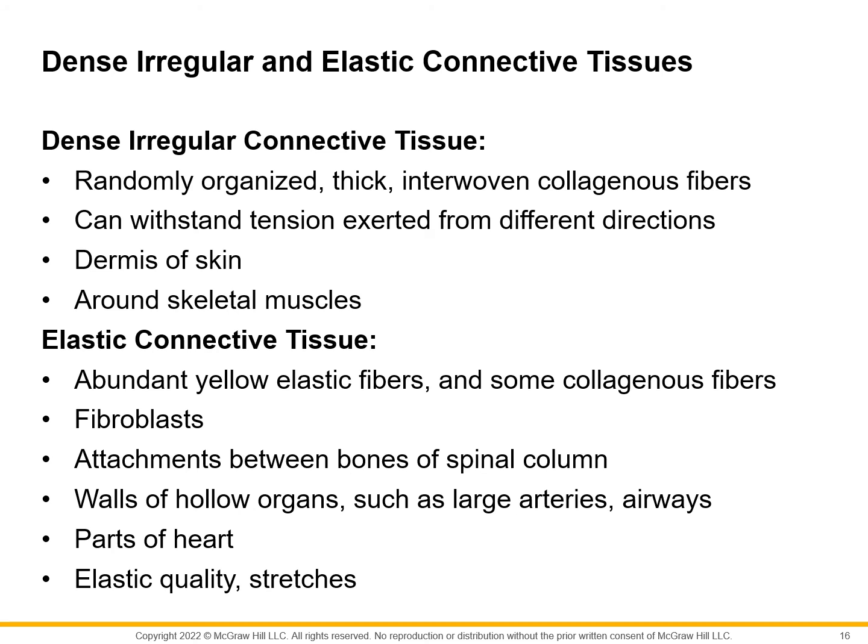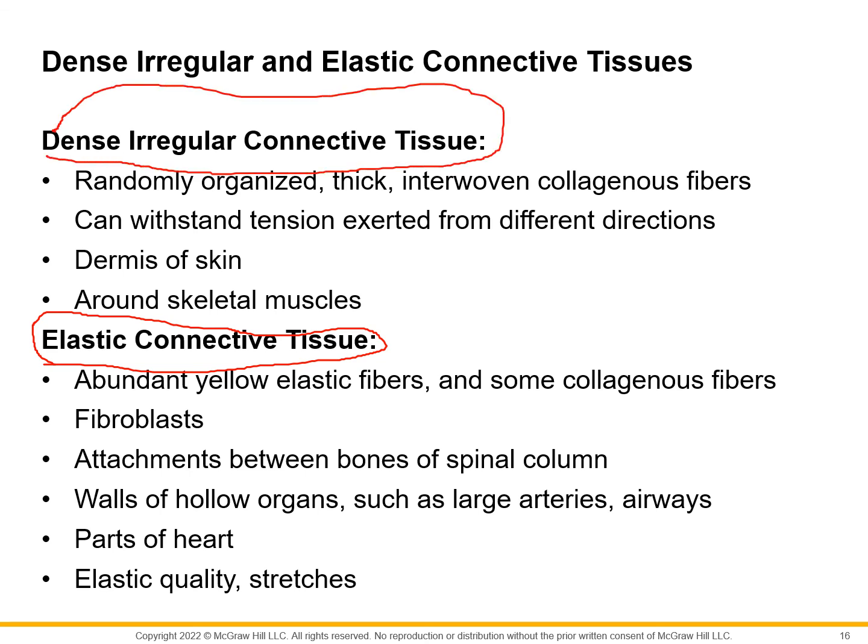Now, we do not look at these two in lab. We talk about elastic connective tissue. We don't have a good tissue slide for it. And we don't really talk about dense irregular. But if dense regular connective tissue means densely packed, regularly aligned fibers, hopefully you can figure out that this means densely packed, irregularly aligned fibers. So instead of having all the fibers line up in one direction, they are lined up in different directions.